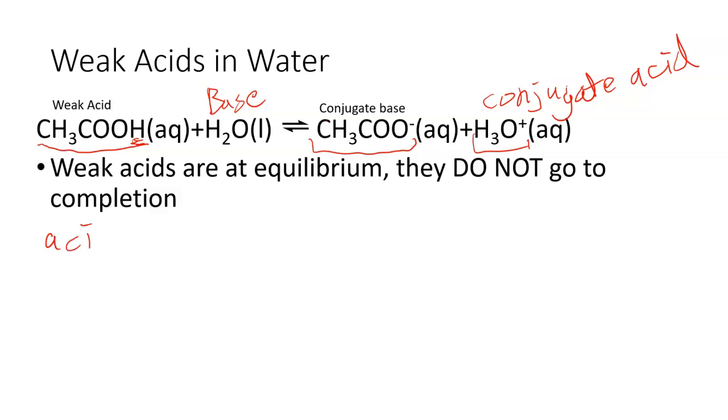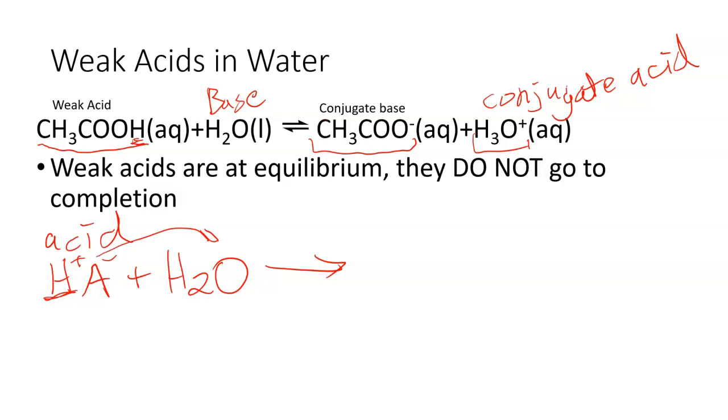our acid. So I'm going to have a general acid. It's got H, and there's some sort of anion here. And it's going to combine with water to form, so that H plus is going to move over to the water. The anion is going to end up by itself. So we're going to end up with our anion, so whatever that may be, aqueous because it's now dissolved in water, plus H3O plus.